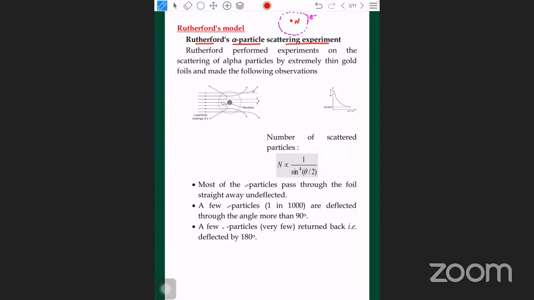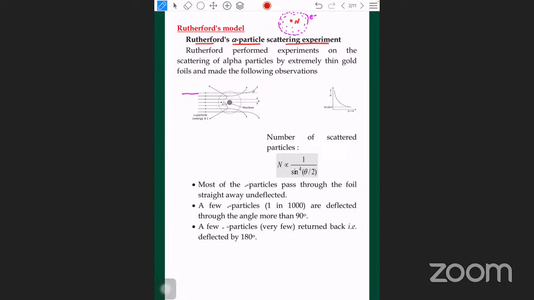This is what the Rutherford model tells. But how to conclude that the entire mass of the atom is concentrated at the center and the rest is completely empty? To conclude that, he conducted an alpha scattering experiment.